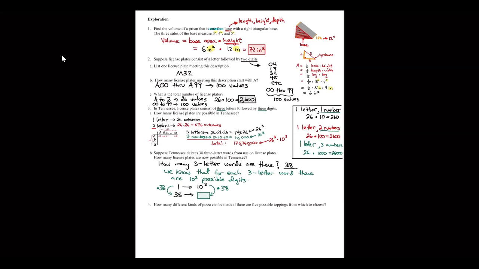So our final answer here, well, part of it anyway, is going to involve taking 38 and multiplying it by 10 to the third power, which is going to be 38,000. All right. So these are the ones that are being removed. So we would then subtract that from the 175 or so million.